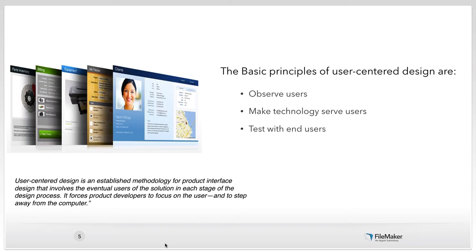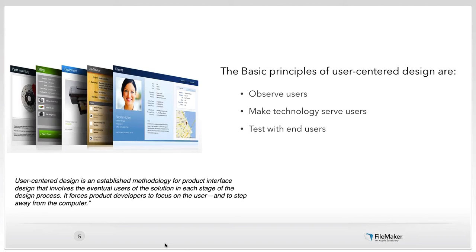So the basic principles are that it's very, very useful to observe users in their office, in the factory, on the road, whatever their jobs are, and don't make assumptions about what's going on. Actually be there, go through it with the user, and do it with them.